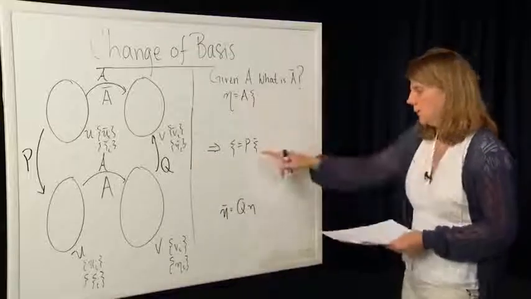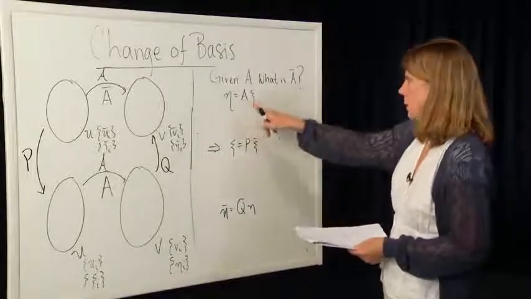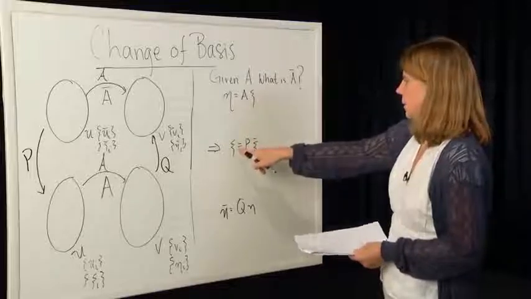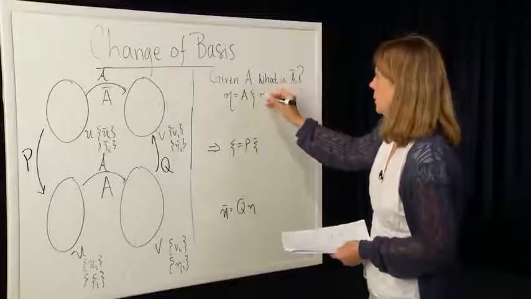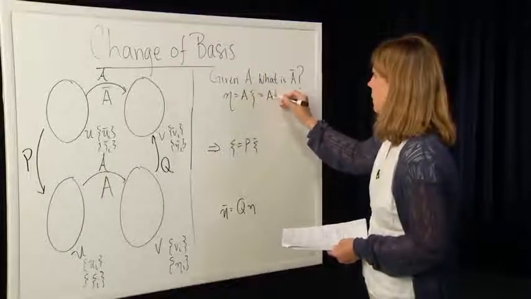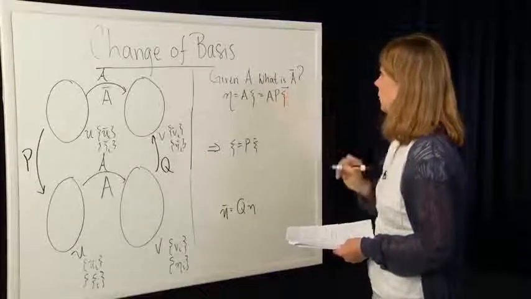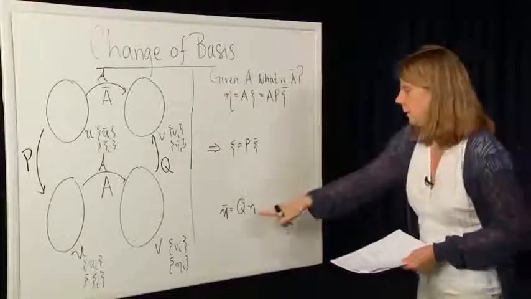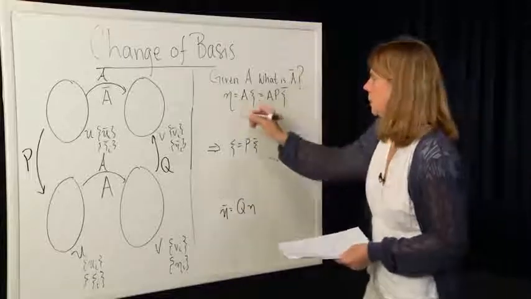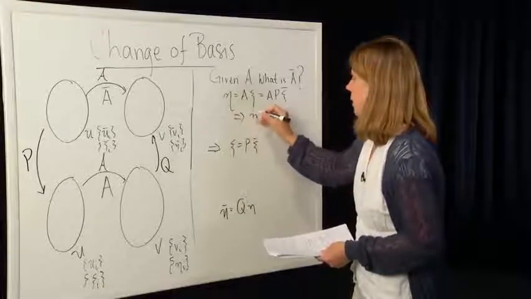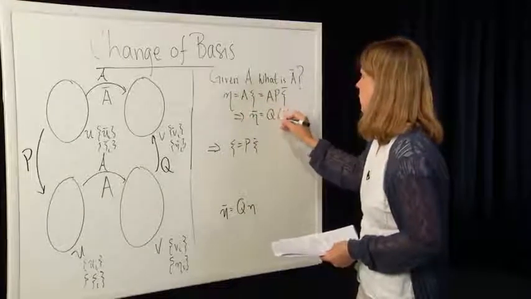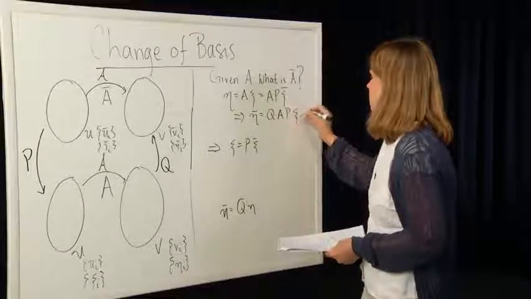And now I also have these relationships here. So eta is equal to A times xi, but xi is P xi bar. So this is just A P xi bar. And then eta bar is equal to Q eta. So that tells me that eta bar is equal to Q A P xi bar.